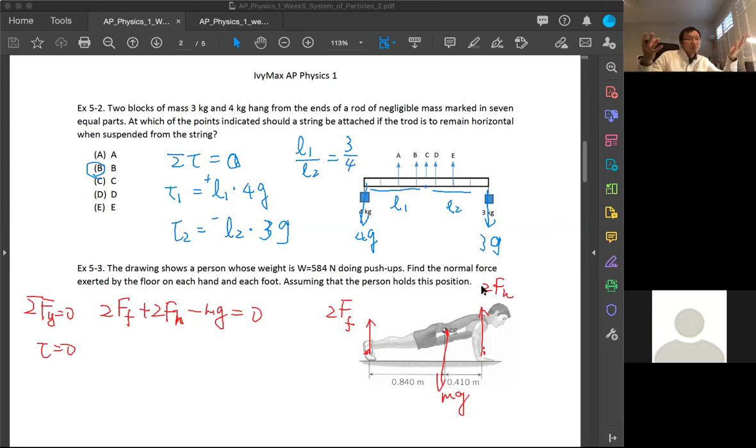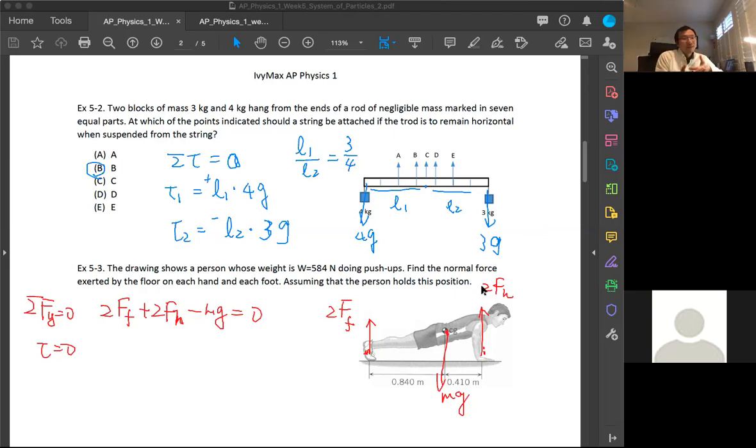So you might ask, which is the best point I need to select? It depends. If you have a force and you don't know the magnitude, this is an unknown force. You don't want it to show up in your equation because you don't know the value, right?